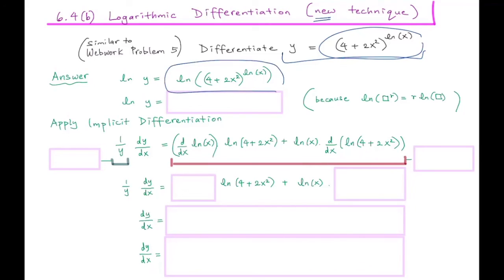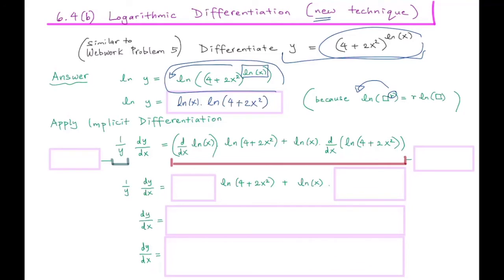I know that I can apply this logarithm rule where if the exponent is inside of the parentheses, I can bring it down. In this situation, the exponent is ln x, so I can bring it down. Ln x times natural log of 4 plus 2x squared.